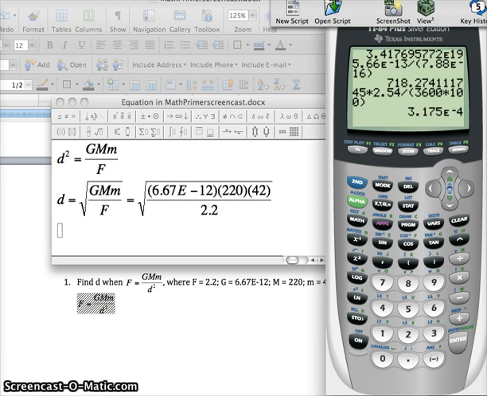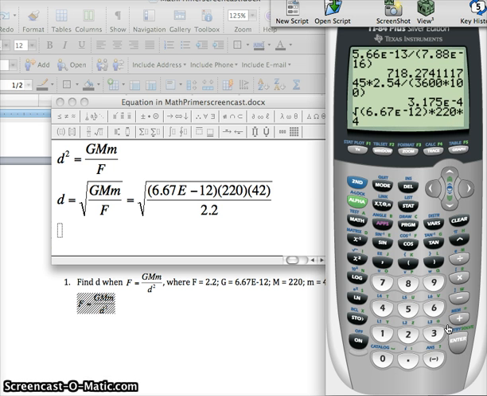If it's a square root, we use this second symbol here, the square root of, and then we have some parentheses inside, 6.67 e to the negative 12, and then times 220 times 42, and then divided by 2.2.